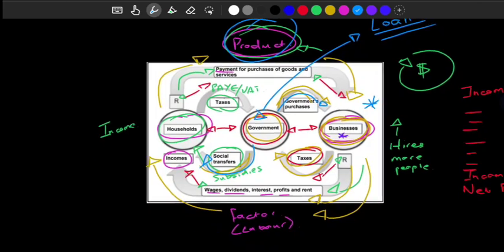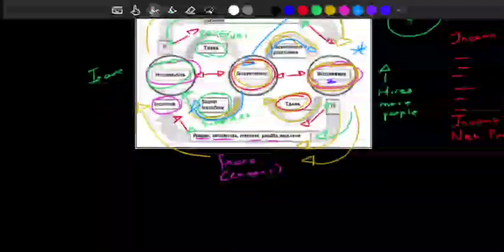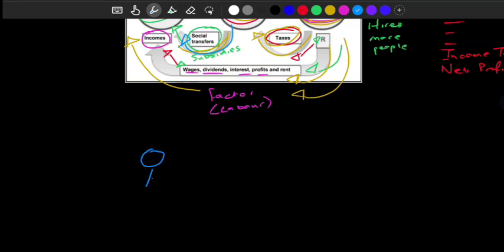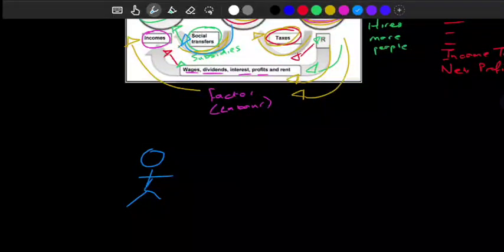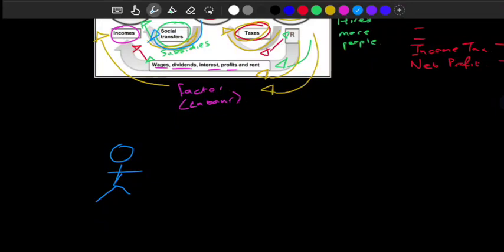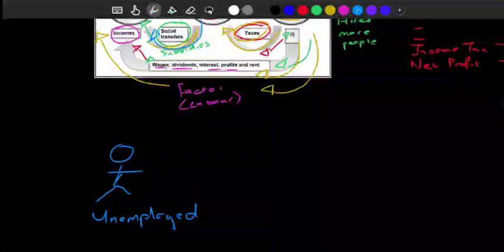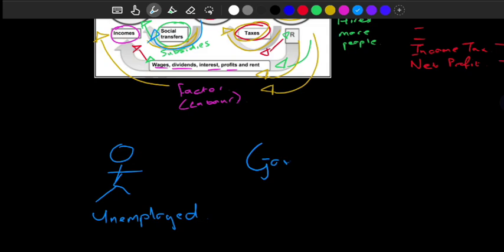Just a quick example. Once again, back to Bongani. Bongani is unemployed. If he's unemployed, he will receive money from the government, right?